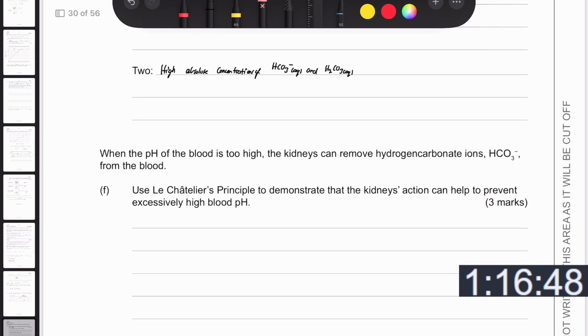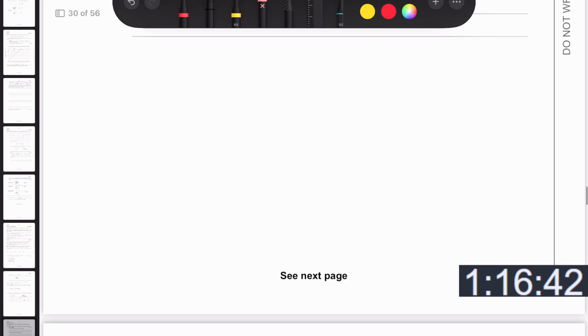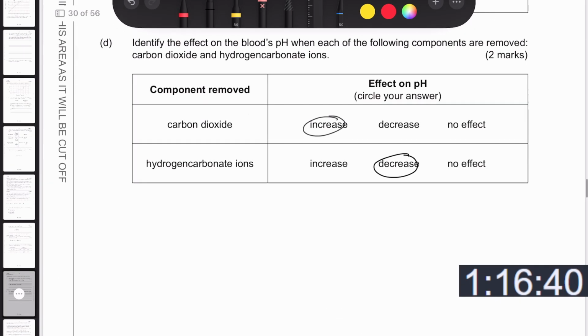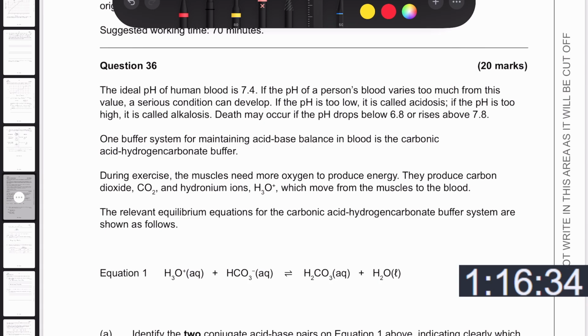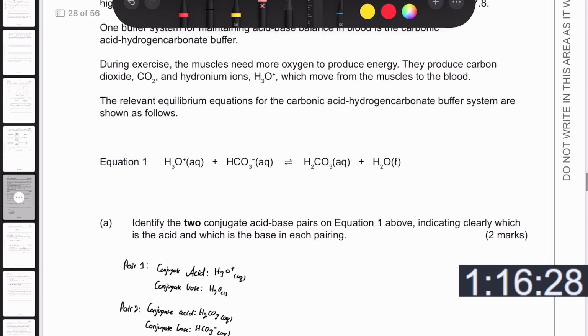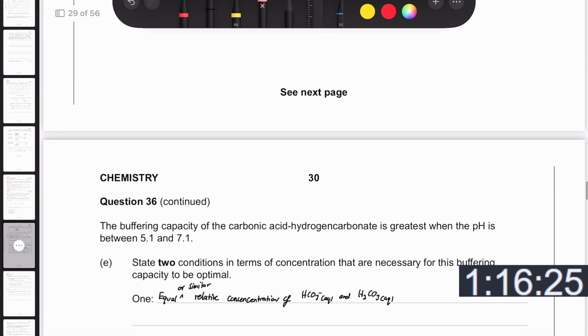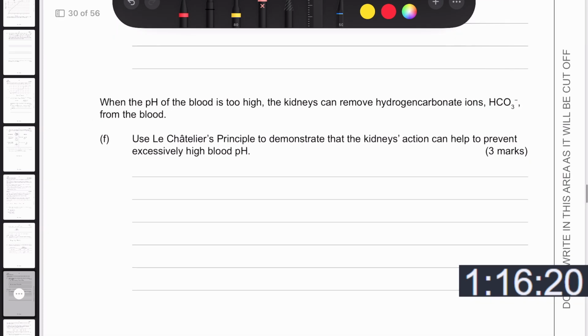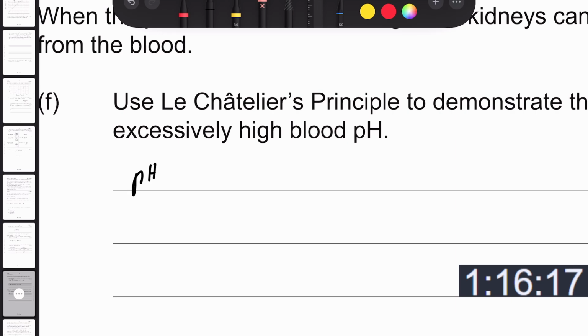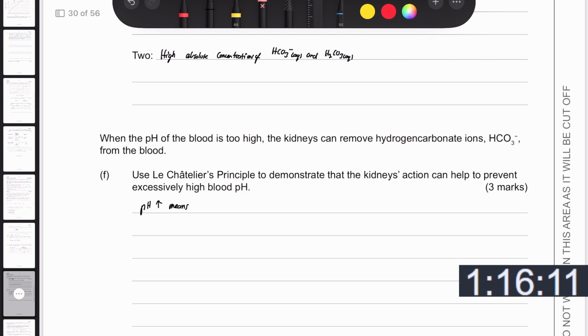When the pH is too high, the kidneys can remove hydrogen carbonate from the blood. Explain how the kidneys' action helps prevent excessively high pH. So is this just as H3O plus increase, or is blood too high? pH increase means remove hydrogen carbonate ions from the blood.